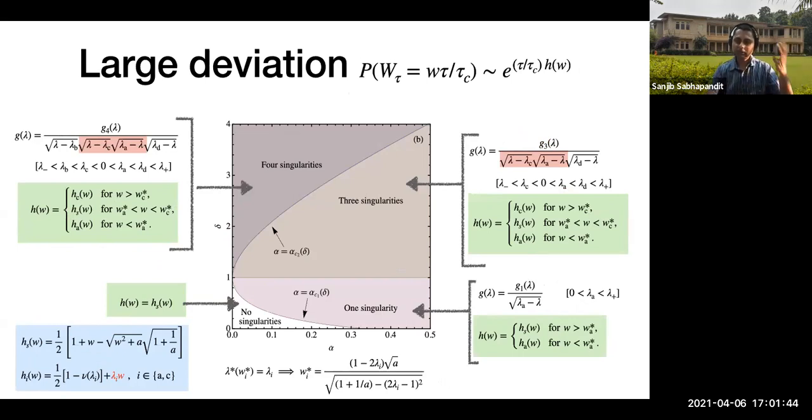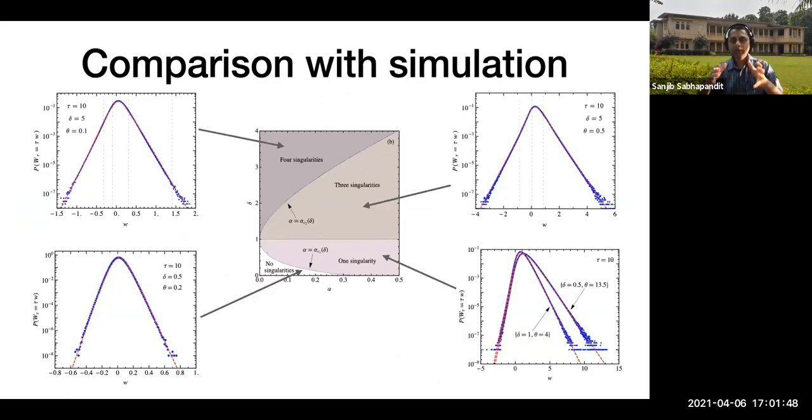You can also find out, actually not the large deviation function, but the full probability distribution function, to the lowest order exactly. And this is a comparison with the simulation, and you see that it matches quite well.